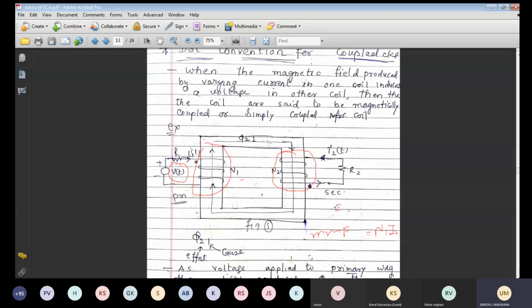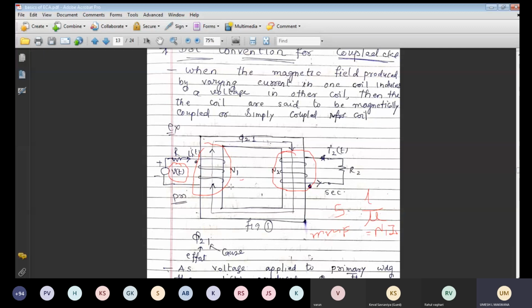And we know that when we talk about the electrical circuit it is known as resistance, and when we talk about the magnetic circuit, it is known as reluctance, which is given by L upon mu, where mu is equal to mu 0 mu r, the permeability.